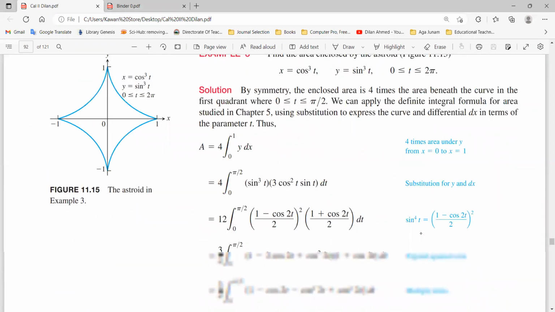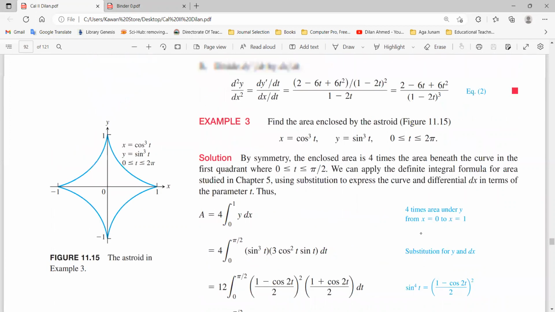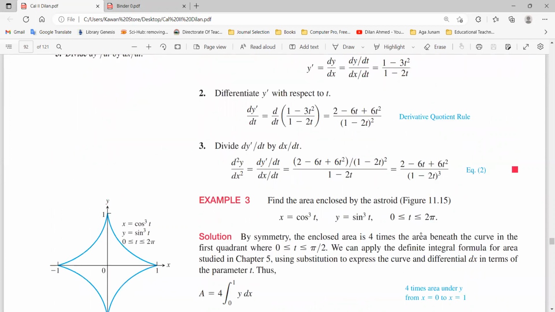In the integral, if you look at the area, you say find the area. And we know when we say tangent, it means derivative, right? When you say velocity, in our mind, the derivative. But when we say area, we know it is finding or using integral, right? Area is integral.